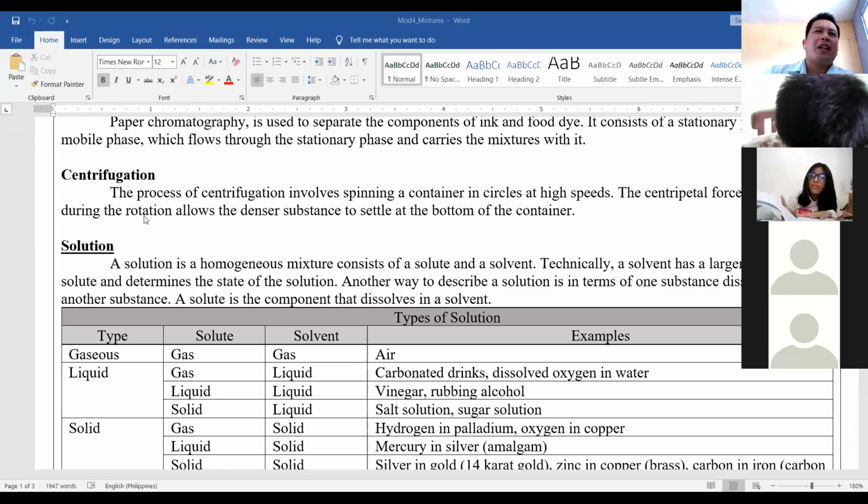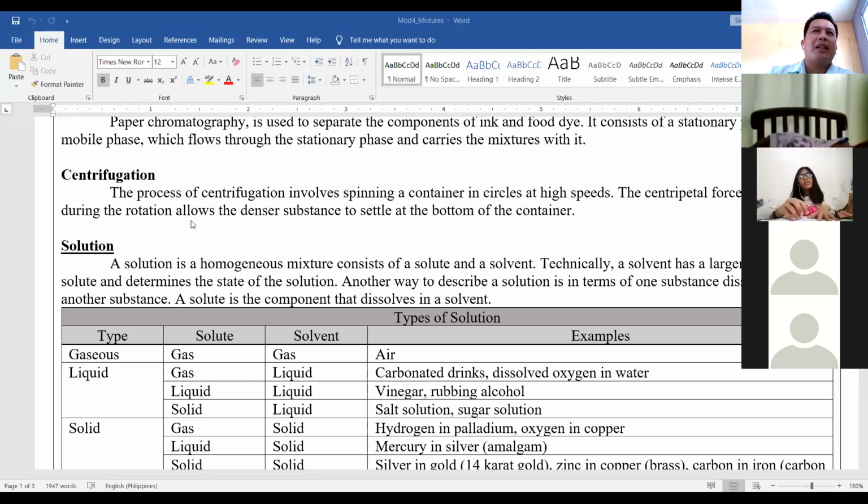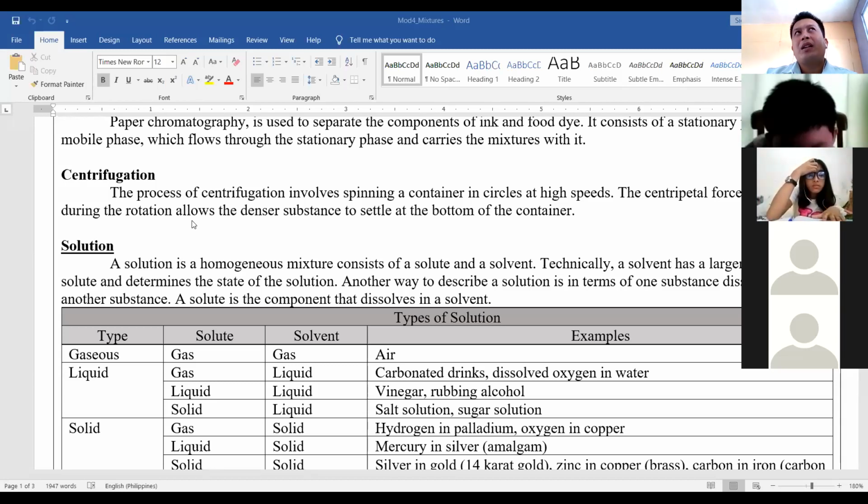An example of centrifugation can also be associated with the dryer in your washing machine. Spin dry. That is also centrifugation, allowing the water molecules to get out of the soaked clothing. That's also a good example of centrifugation.